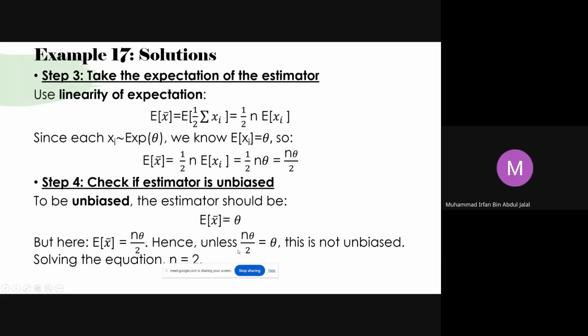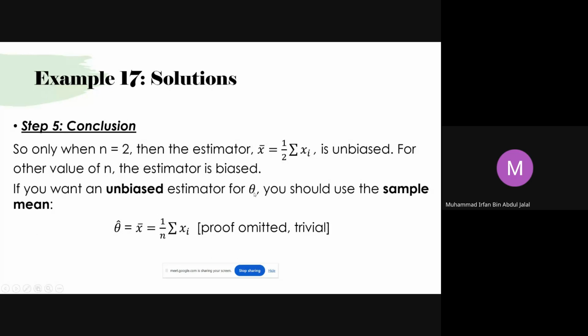So we solve the equation here, and we get that n equals 2. So in this case, we can conclude that only when n equals 2 is this estimator x bar unbiased. For other values of n, for example, n equals 1, 3, 4, 5, and so on and so forth, this estimator is biased.